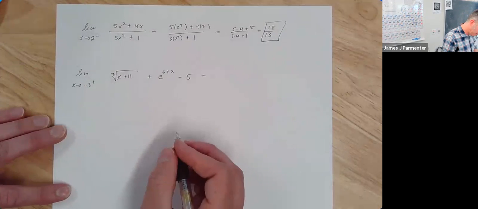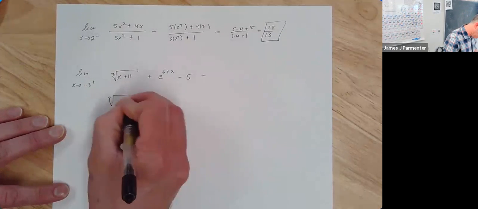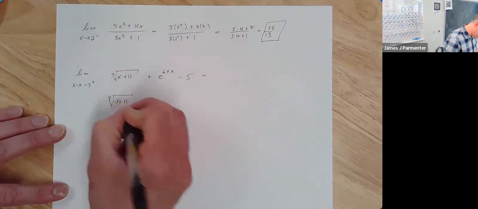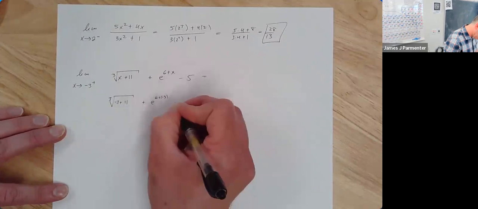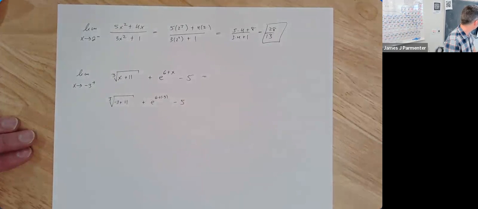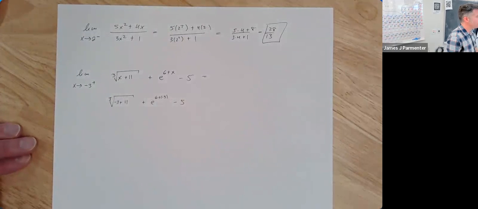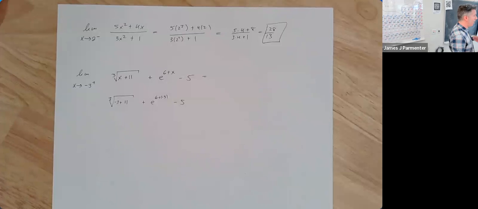If I plug in -3, I'm going to get the cube root of -3 plus 11 plus e to the 6 plus -3 minus 5. And although it's not pretty, it is real. I don't have any weird square roots of negative numbers, logarithms of negative numbers, or division by 0.